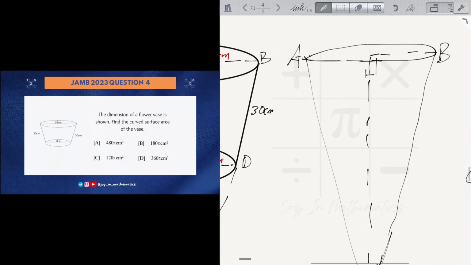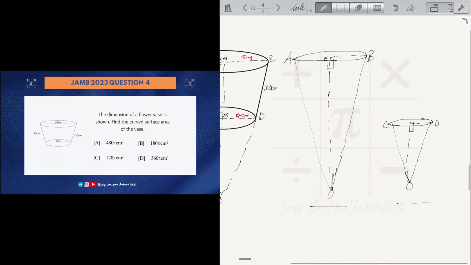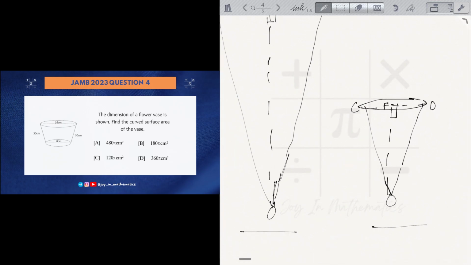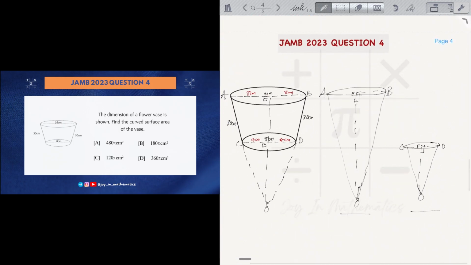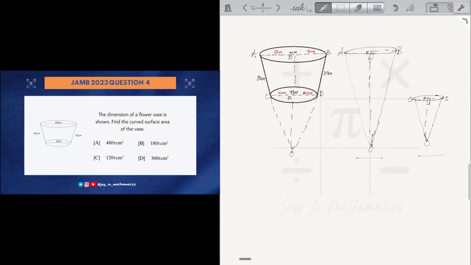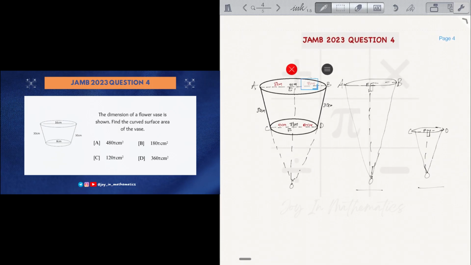The locator of this point is called point E, and this point is called point F. EB, according to the geometry that we have here, is 8 centimeter, and FD, according to the geometry we have here, is 4 centimeters.